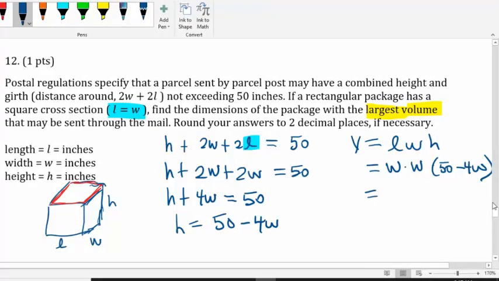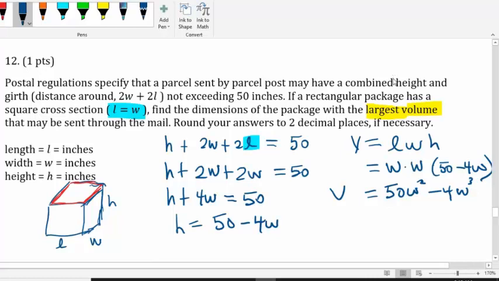If we distribute, that's W squared times 50, so 50W squared minus 4W cubed. And here is the formula for our function, where volume is a function of the width of this box.